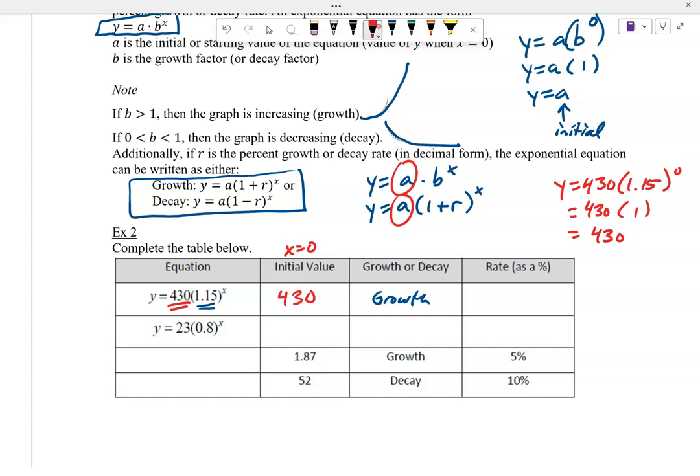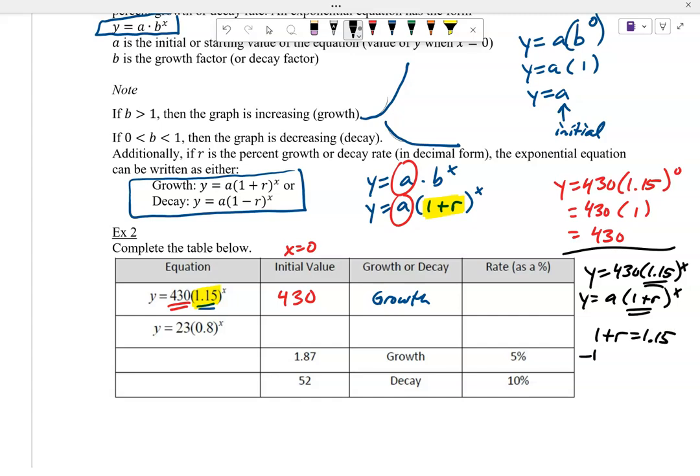Now, what's the rate? Well, I look at that 1.15, and I'm going to set it equal to 1 plus R. So let me write this. 430 times 1.15 to the X, A times 1 plus R to the X. So my 1 plus R, I'm going to set that equal to 1.15, and I'm going to solve for R. So my R equals 0.15.